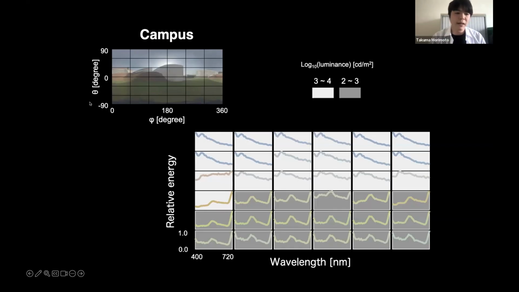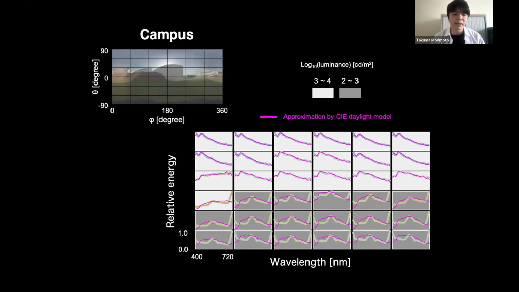Okay, the last thing we did in this analysis: we tested whether we can reconstruct these spectra using the CIE daylight model. And this is the closest fit we could get. As you would expect, these spectra are matched in terms of correlated color temperature. For the spectra coming from above, you can fit really well.